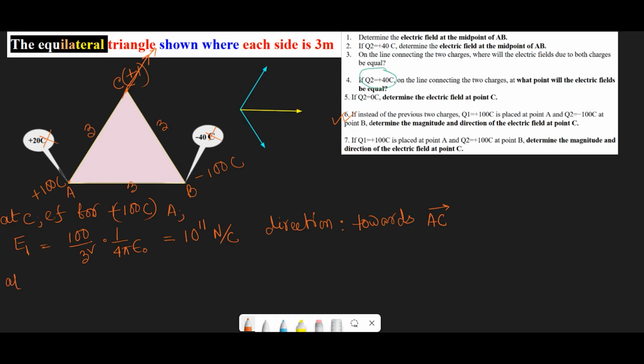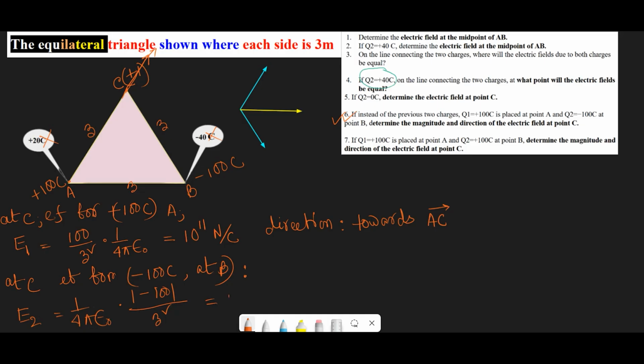Same as at point C, electric field for minus 100 coulomb at B point. So electric field E2 will be, let's write down the constant 4 pi epsilon naught, and obviously the magnitude of the charge, 100 inside the mod, and obviously the distance is 3 squared.